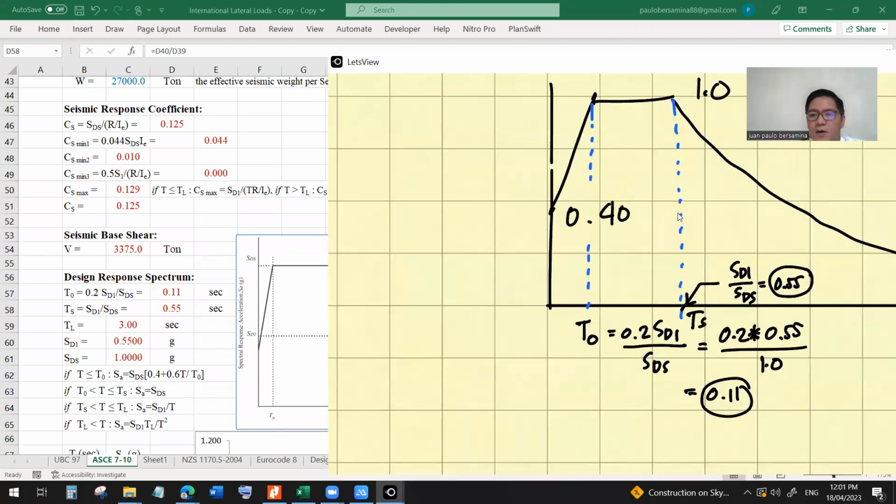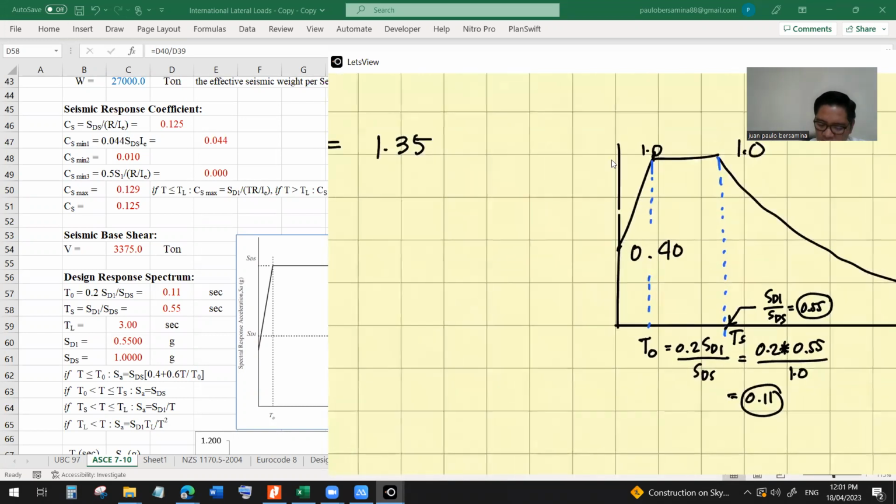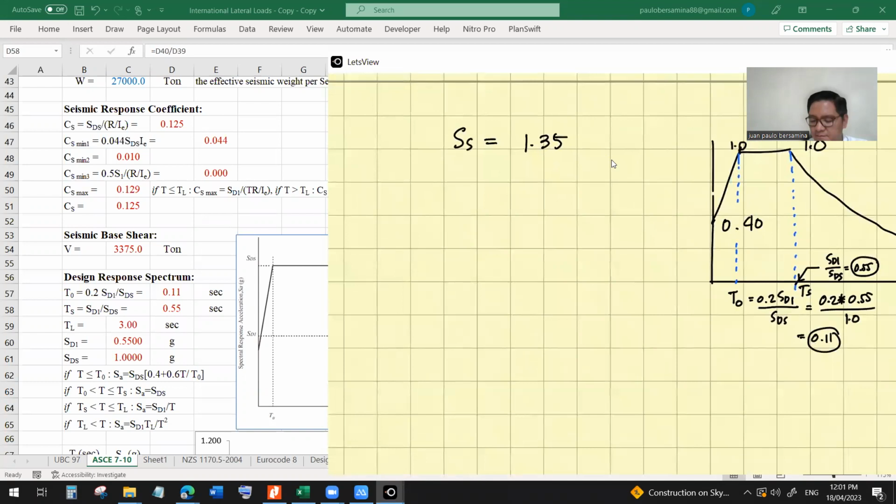Now, so this is 1.0 also. Okay, tapos ito ay 0.11.